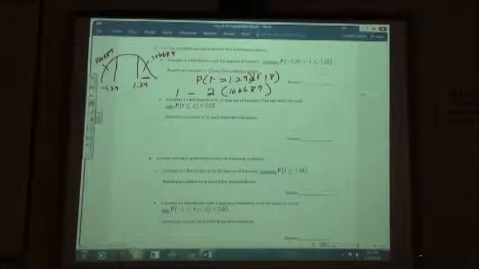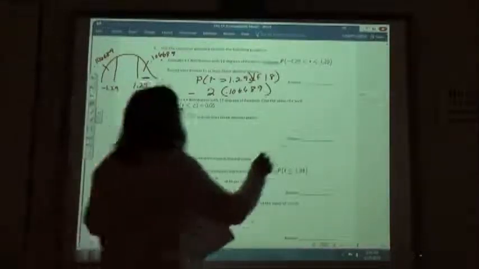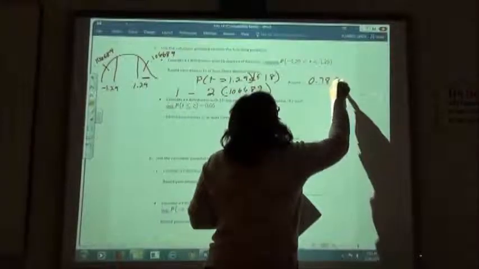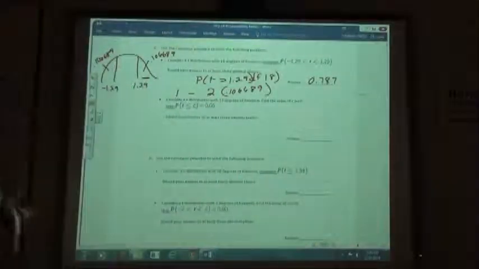And then this one we can round off to 3 decimal places since we're at the end. 0.787.